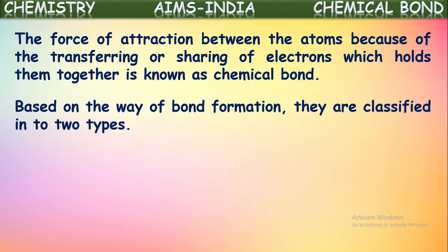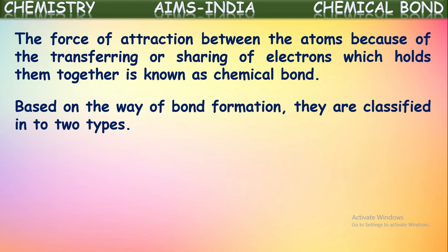Based on the way of bond formation, different ways are happening. The attainment of octet or duplet configuration by the elements happens in different ways, that is, one by transferring electrons, the other by sharing electrons.